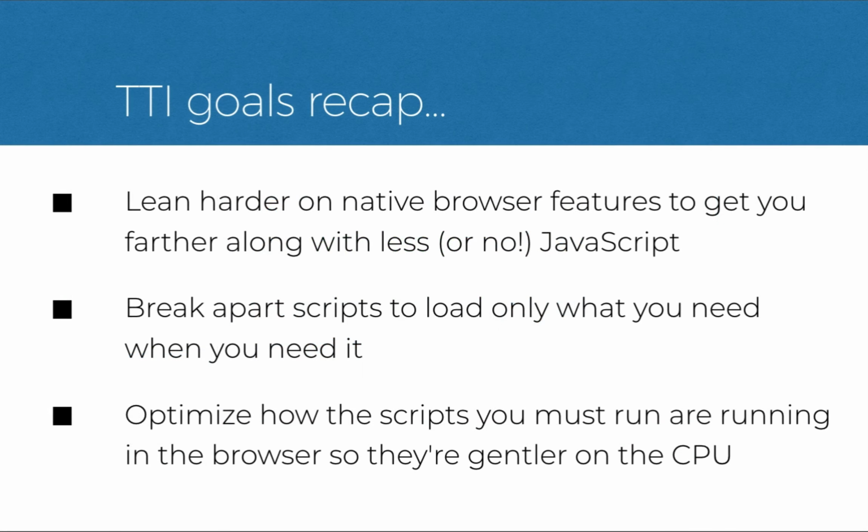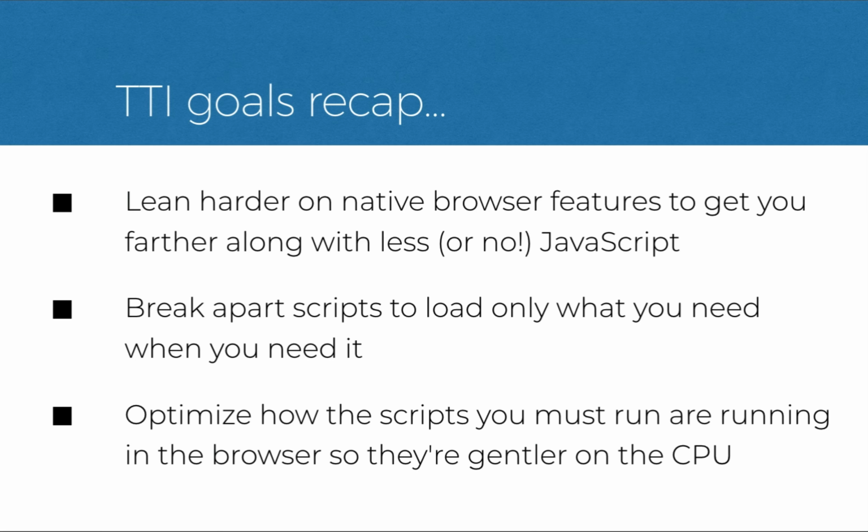So that's about all I wanted to cover for time to interactive. It's obviously a really complex subject when you're actually optimizing the JavaScript that runs on your site, but those are some basic tools that you can consider to start to analyze and optimize the script that you're already running. So again, lean harder on native browser features that get you farther along to an enhanced experience with less JavaScript involved.